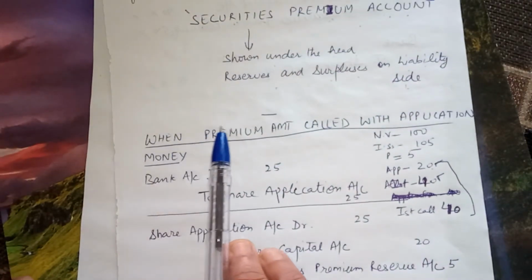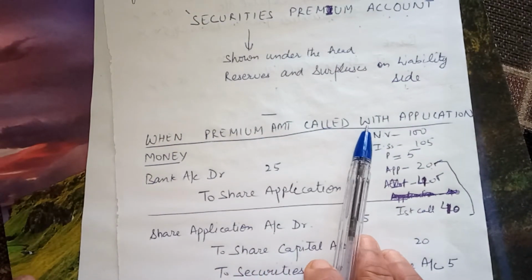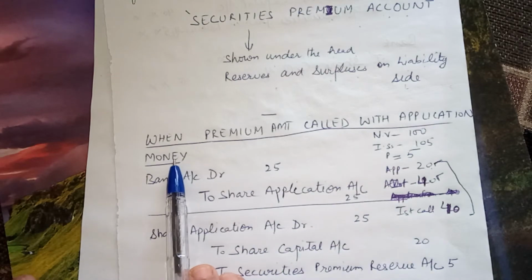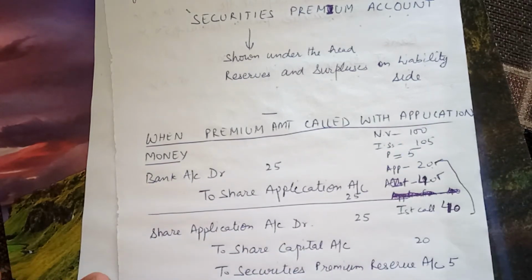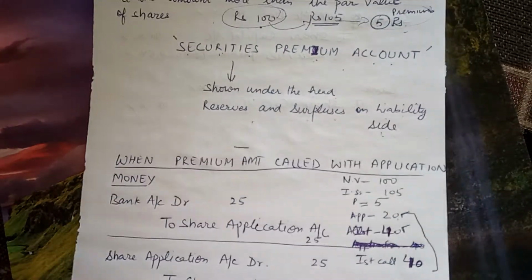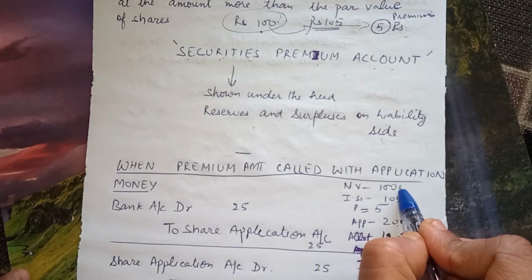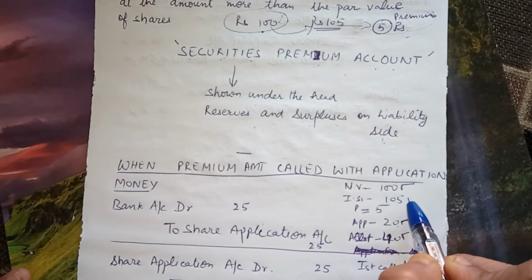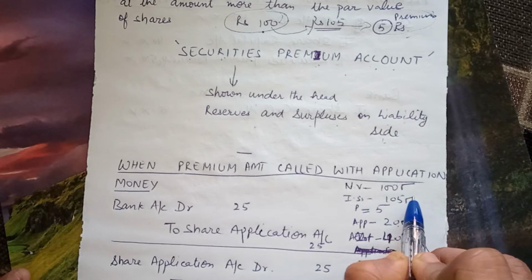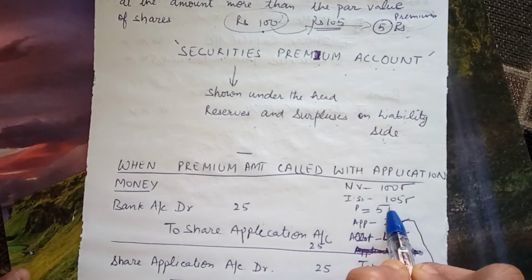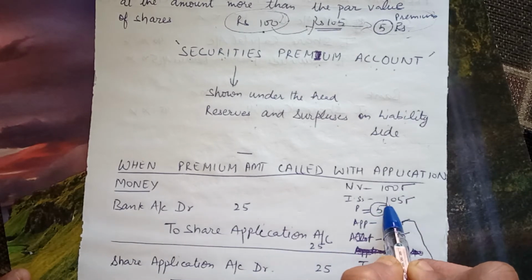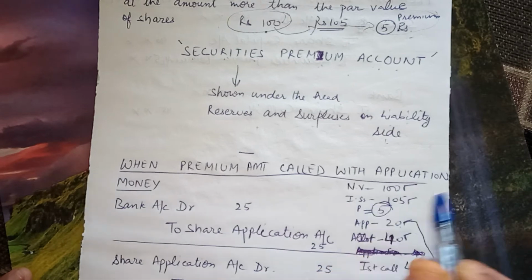Number one is when the premium amount is called with application money. Here again we take an example to make it clearer. Suppose the nominal value of a share is rupees 100 and we are issuing it at rupees 105. So the premium is rupees 5.